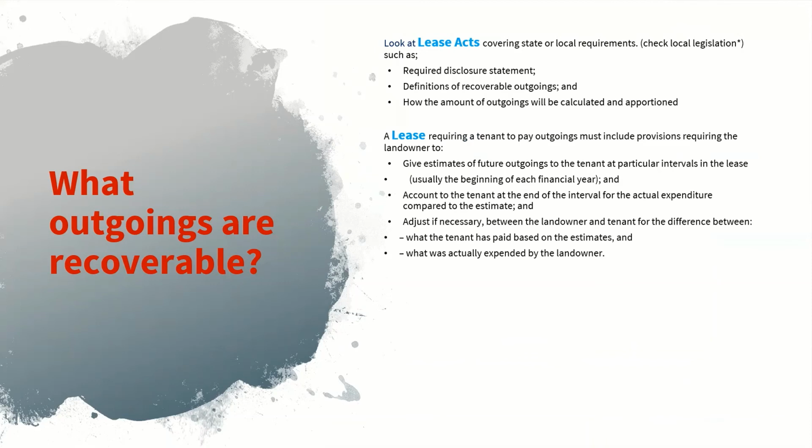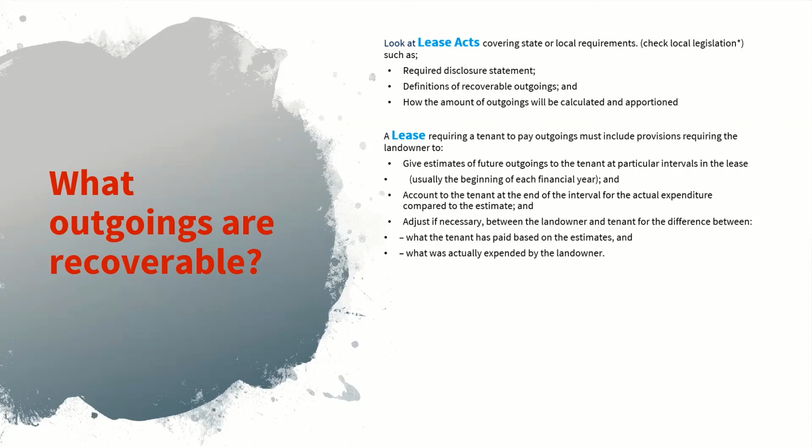Much of this, though, should be covered off in a lease, and the lease in the first instance should require that a tenant pay the outgoings and have provisions dictating that. It should give wide-ranging definitions of how the estimates of future outgoings are determined, when they're delivered to the tenant, how they're going to be accounted to the tenant at the end of the intervals, and what sort of adjustments might occur.